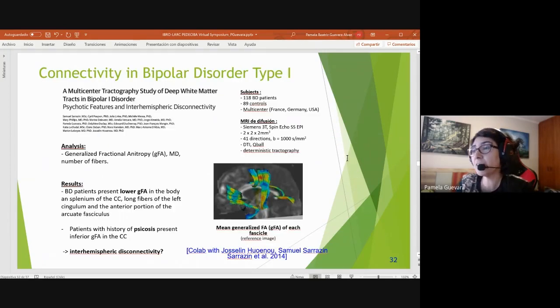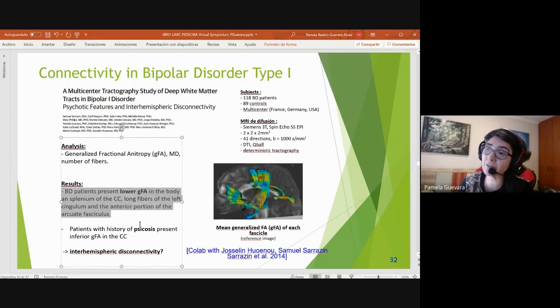For example, here is in bipolar disorder. Generalized fractional anisotropy is a more advanced model than fractional anisotropy, but it's the same idea. You calculate an image, you extract the bundles, you calculate the mean FA, the mean MD, for all the bundles, and you can correlate this information, for example, with some clinical score. Here, for example, it was correlated with psychosis in these patients.